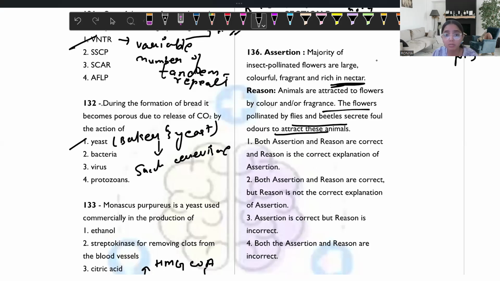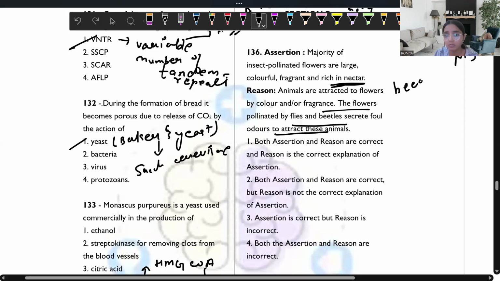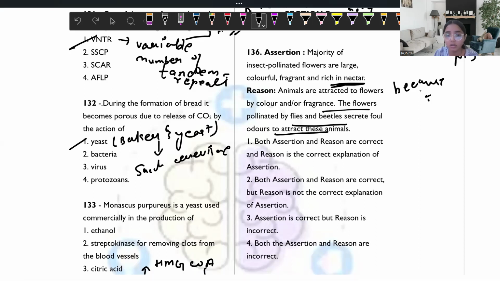As I told you, read it together: majority of insect pollinated flowers are large, colorful, fragrant and rich in nectar because animals are attracted to flowers by color or fragrance. Correct. The flowers pollinated by flies and beetles secrete foul odors to attract these animals.